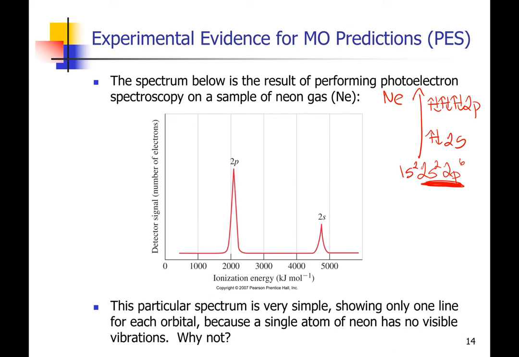We are able to excite 2p electrons out of this atom. If I take that diagram and I turn it on its side and I draw it here, trying to draw sideways on a computer is interesting, then I might have something that looked like this.